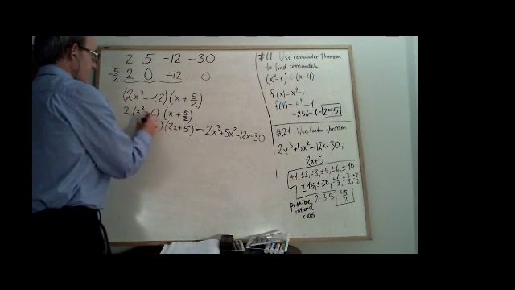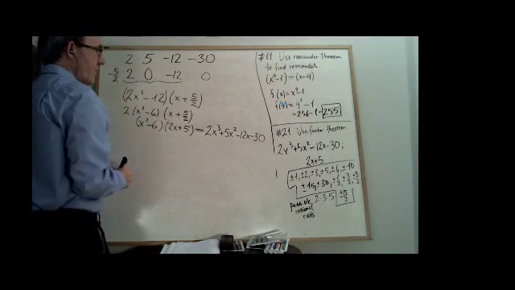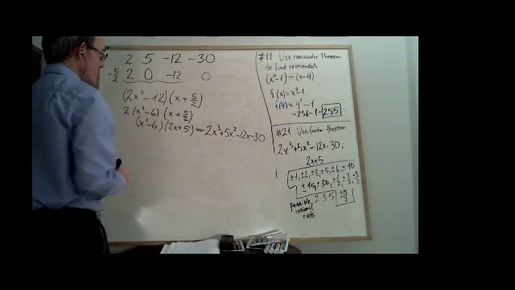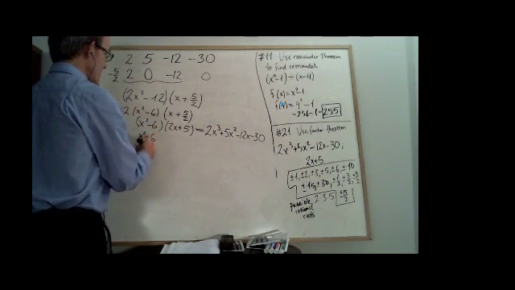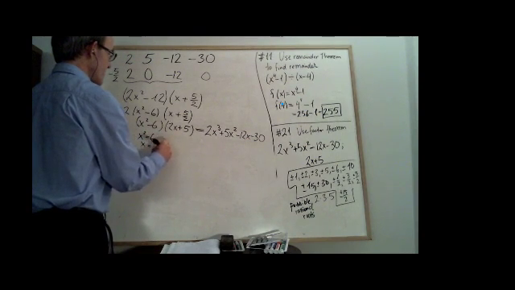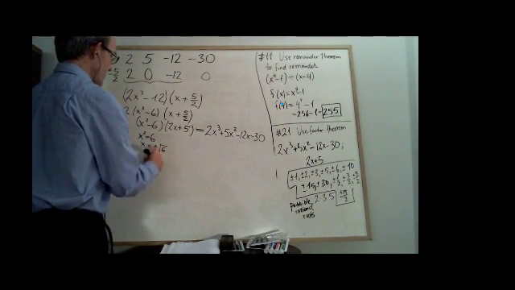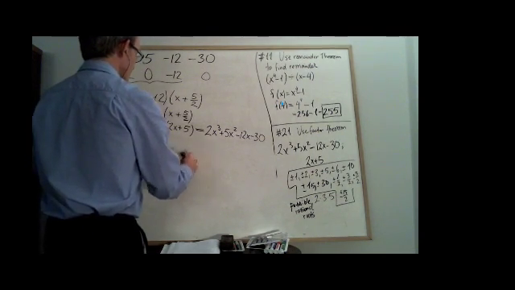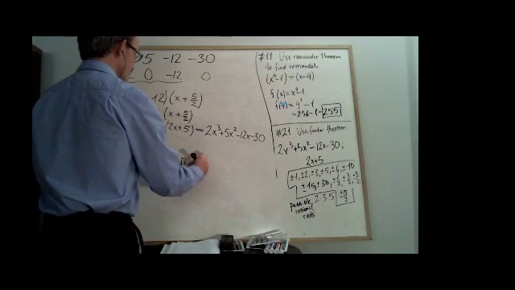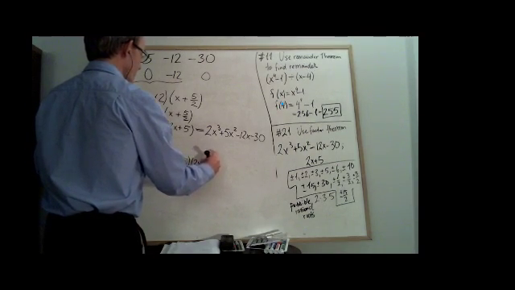And so we get that the rest of the factors are, just take the roots of this factor, and so it's x is plus or minus square root of 6. So the complete factorization of this polynomial is x plus root 6, x minus root 6, 2x plus 5.